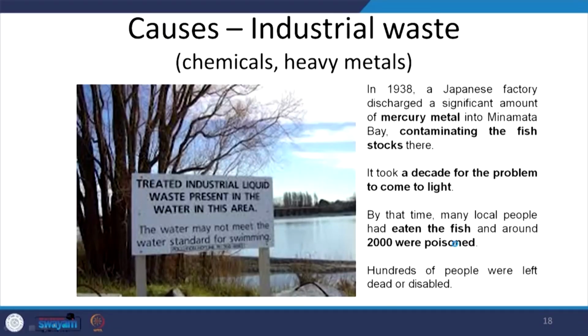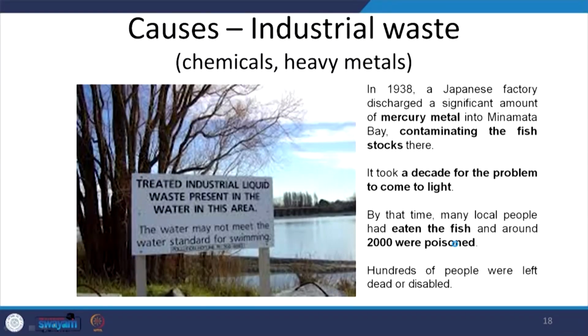Another cause, a very serious one, is the dumping of industrial waste into water bodies. This industrial waste contains chemicals and heavy metals, and these chemicals and heavy metals totally poison or disrupt the aquatic life.